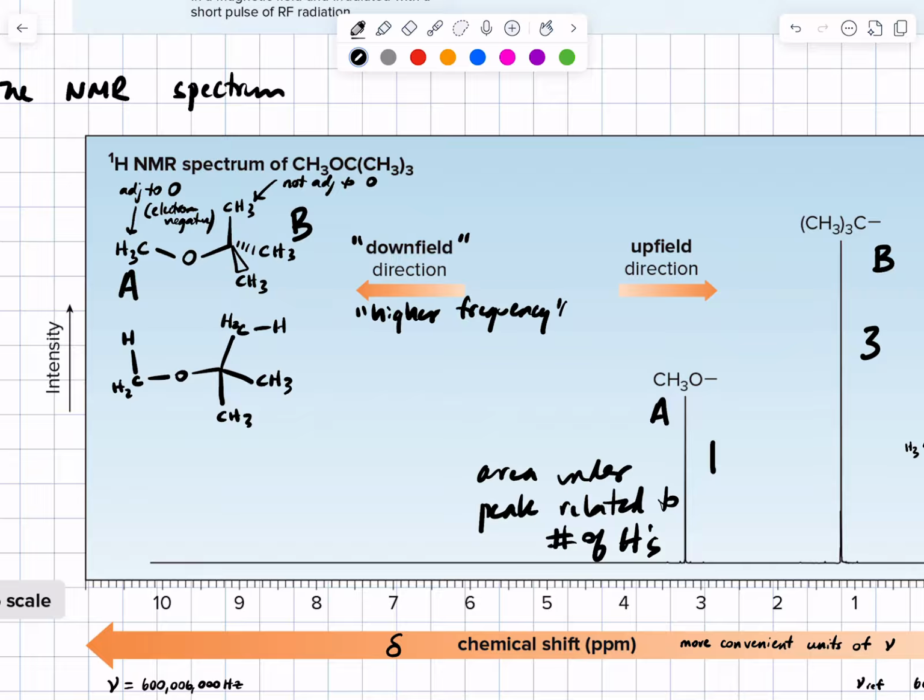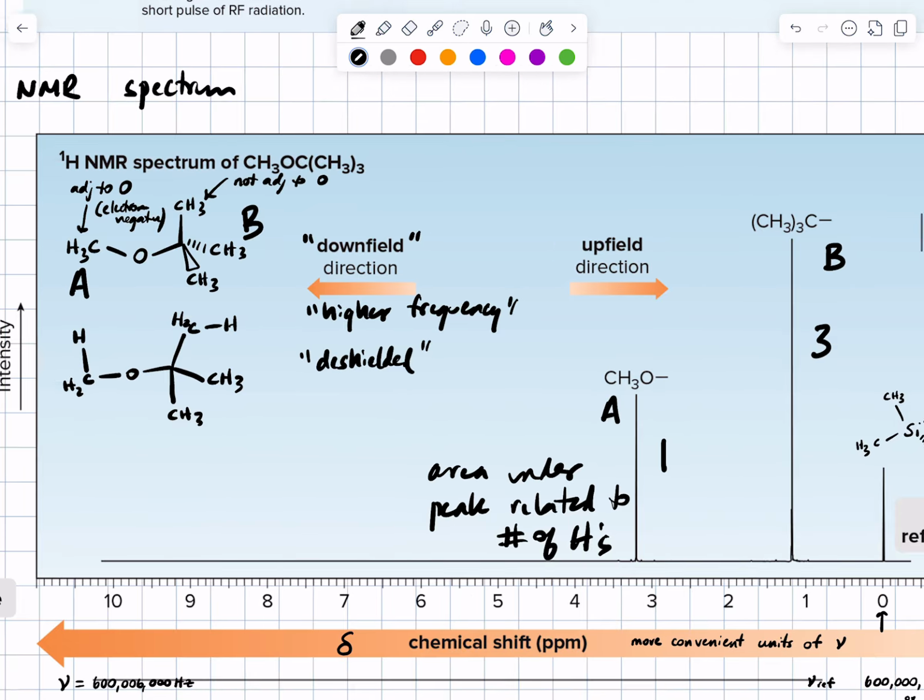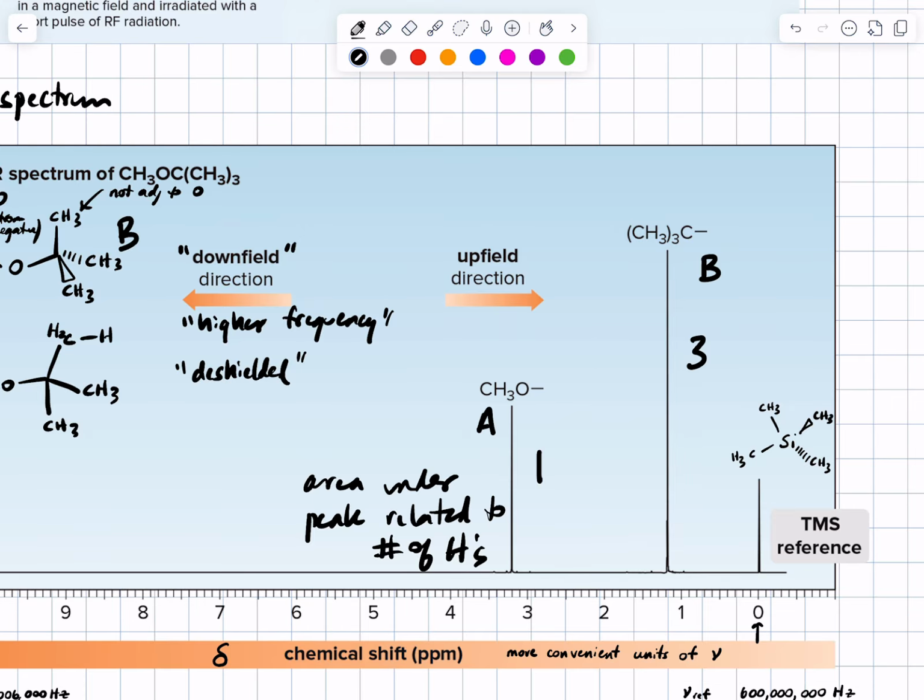We will also call protons that are in this region of the spectrum de-shielded. And it has to do with the fact that the oxygen is sucking electron density away from those protons because of electronegativity. In contrast, protons that show up in this lower frequency upfield direction, we're going to call shielded.